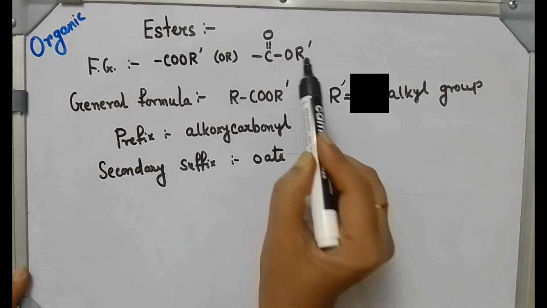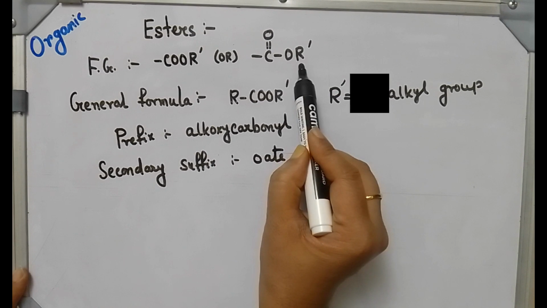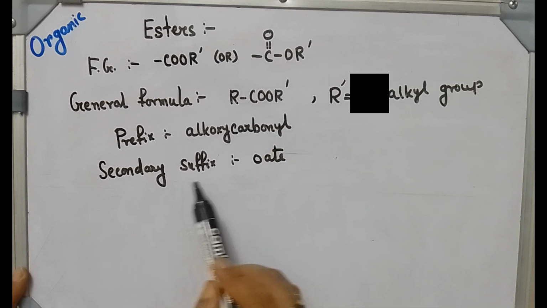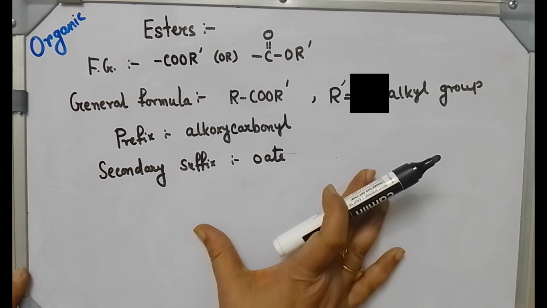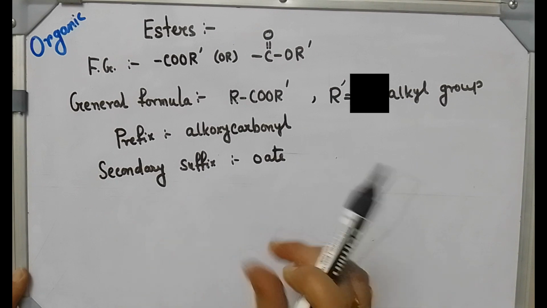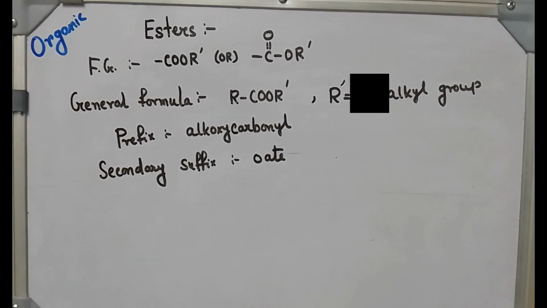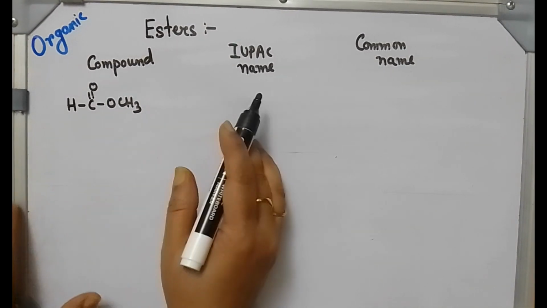Prefix alkoxycarbonyl. This group is alkoxy. In alcohol we have seen this is alkoxy group. So alkoxycarbonyl, and secondary suffix, if it is principal functional group, then for secondary suffix you have to add OATE.